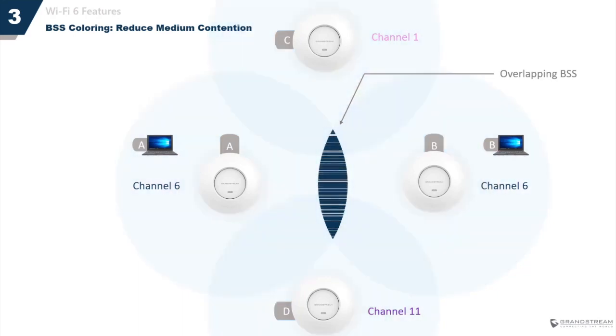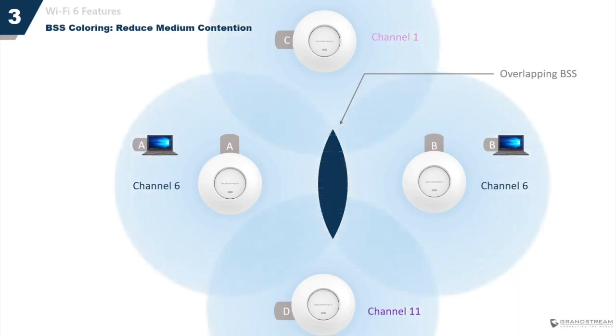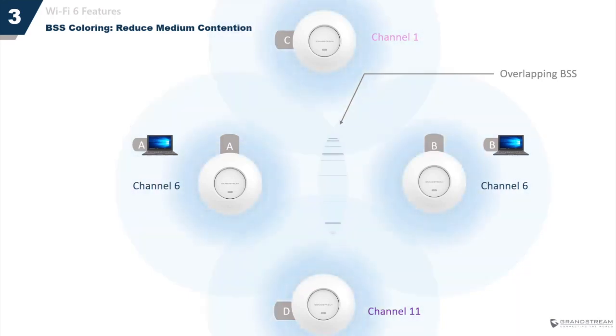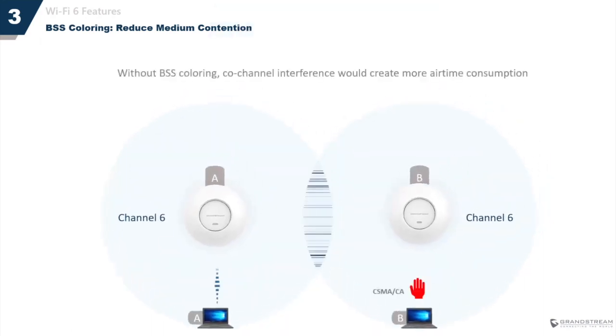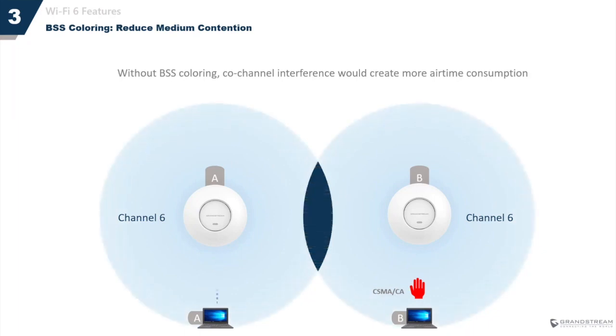In this example, we have access points A and B operating in the same channel, which is channel 6. Now let's focus on these 2 access points to understand what happens when there is overlapping BSS.